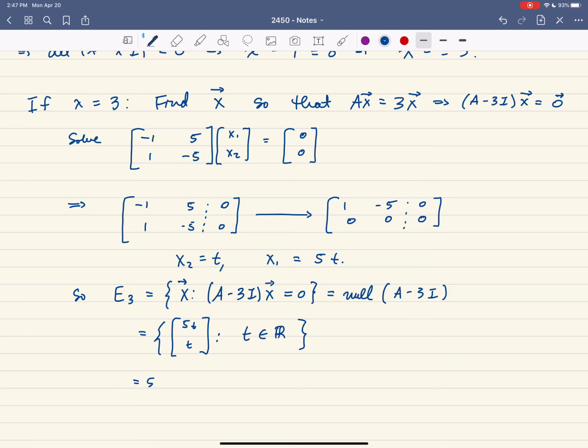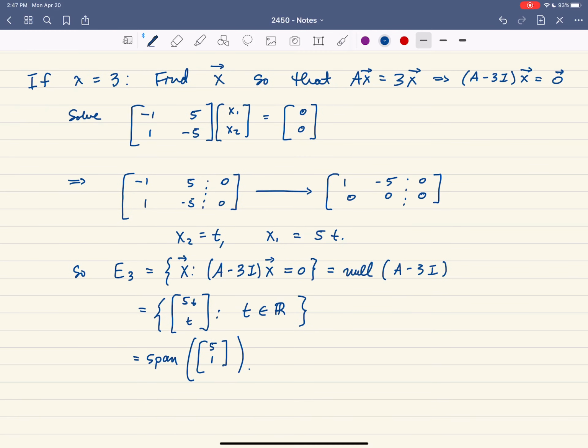In other words, this is going to be the span of the vector 5, 1. That's going to be the eigenspace corresponding to lambda equals 3. And that's it for this eigenvalue, right? For lambda equals 3, we found an eigenvector, which is 5, 1, and a little more than I asked for, we found the eigenspace, E3.